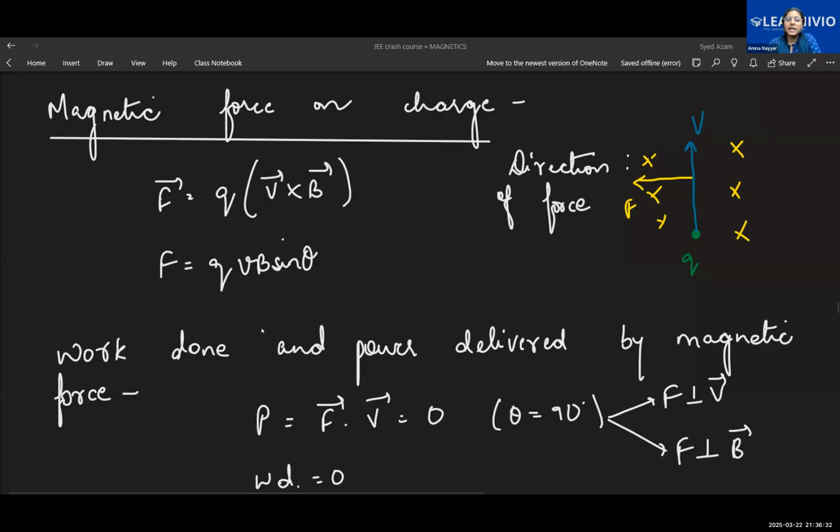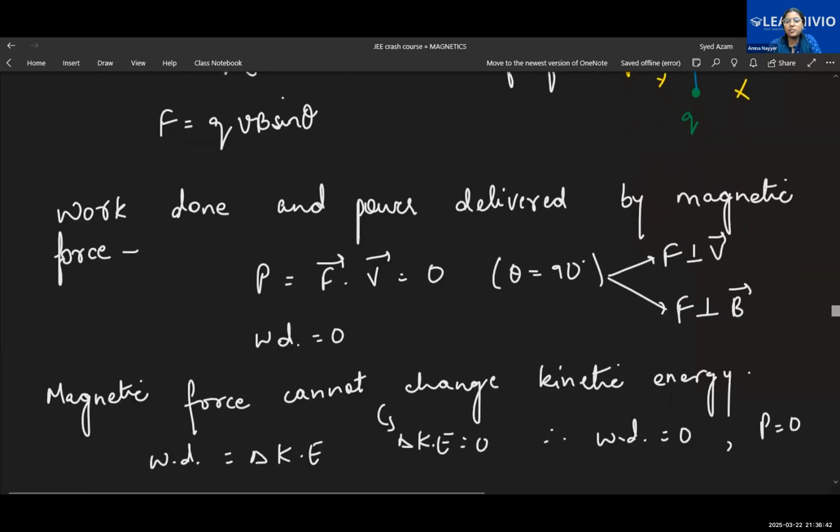Then force is QVB sine theta. And when we're talking about the work done and power delivered, this is important because you have some numericals from this part. Power is the dot product of force and velocity. When power is 0, it means the force is perpendicular to velocity, and the force is perpendicular to the magnetic field.